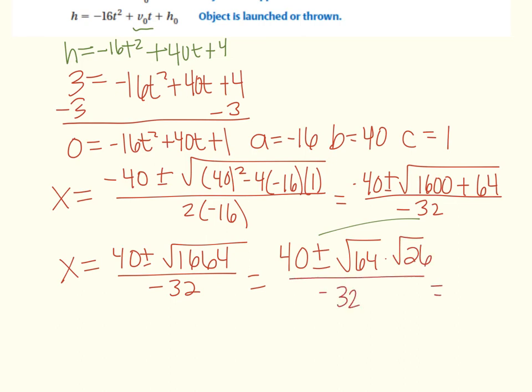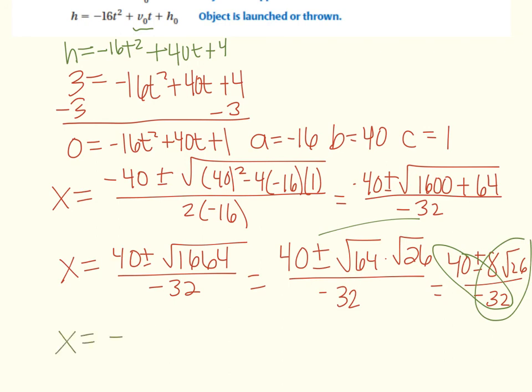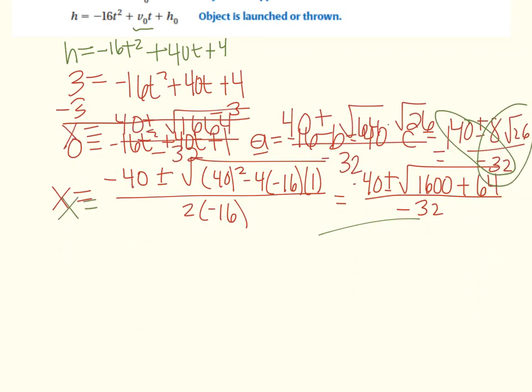So then we'll have negative 40 plus or minus 8 square roots of 26 over negative 32. And now I can reduce both fractions by 8.